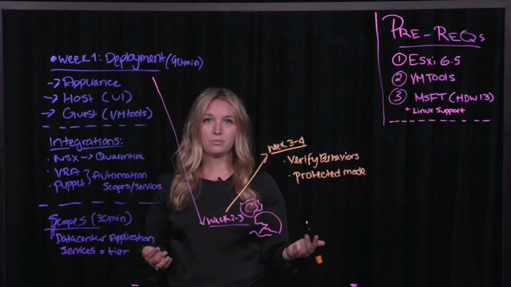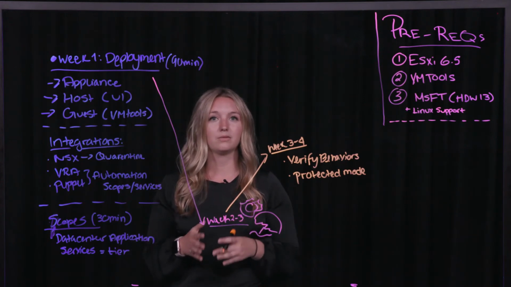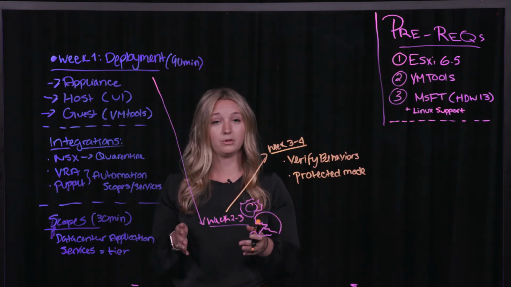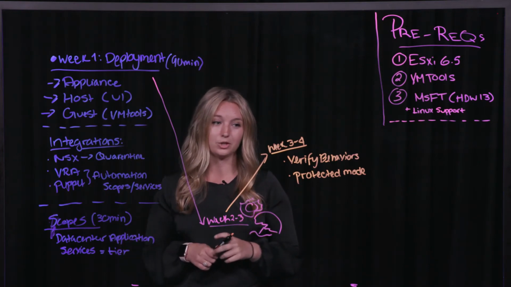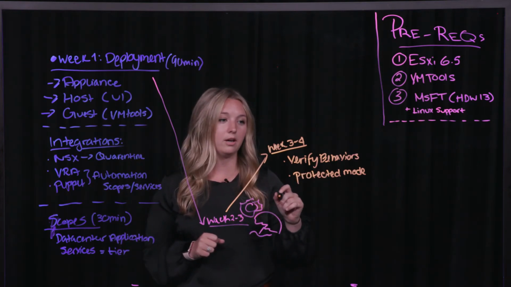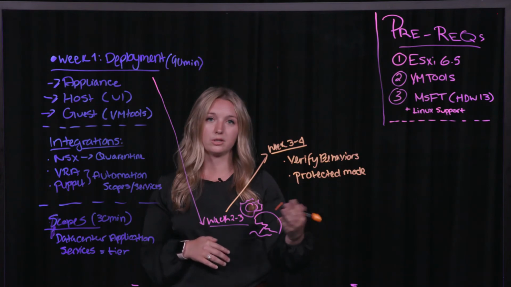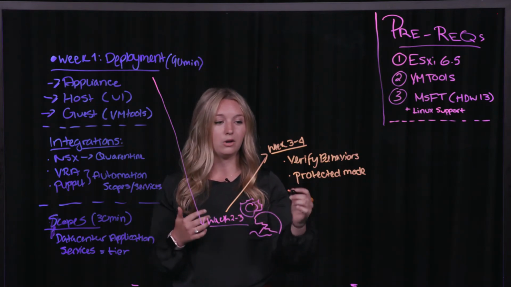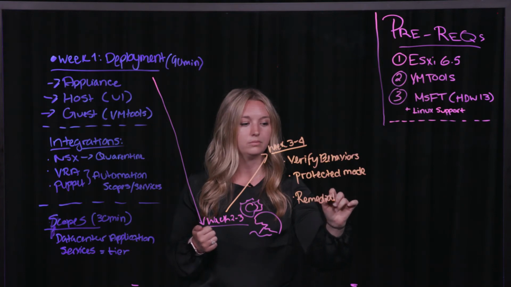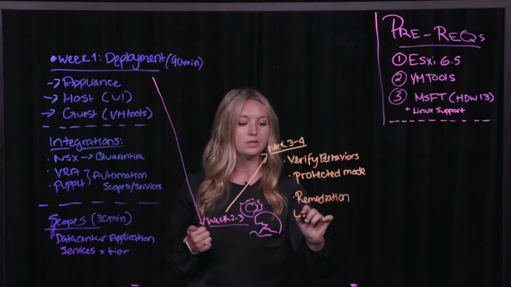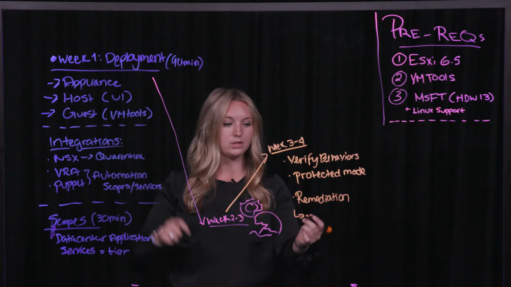Once it's in protected mode, anything that is outside of this sublist of behaviors that you have decided is the actual processes of this application or verified that, you'll just get alerts on anything that's outside of that until you decide to take a remediation action. And this could be, for example, quarantine.